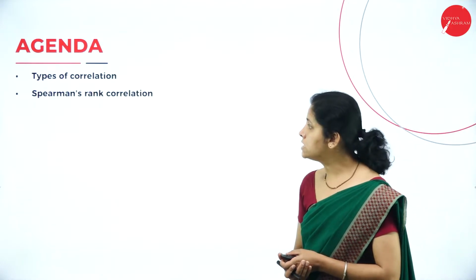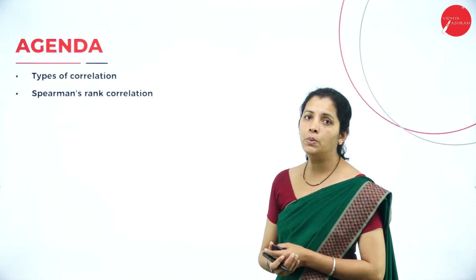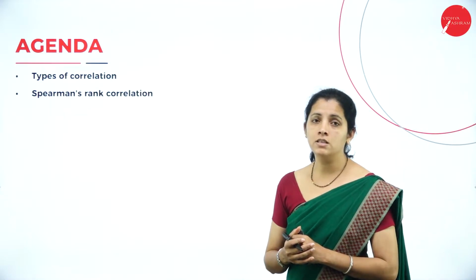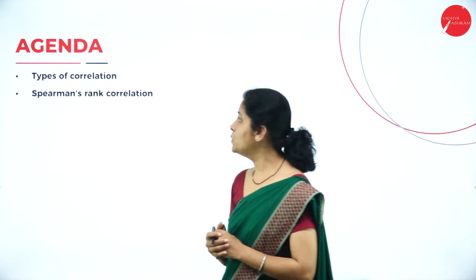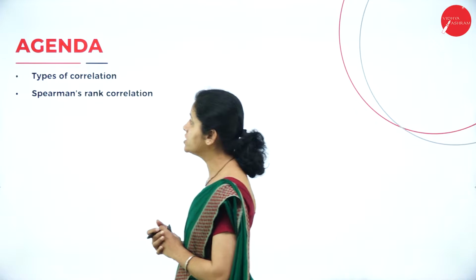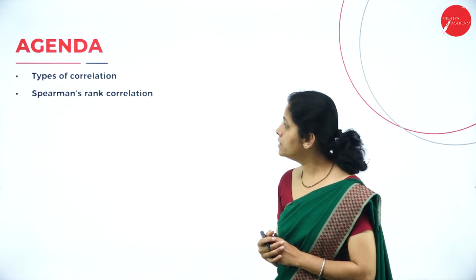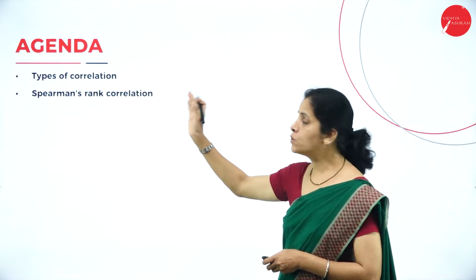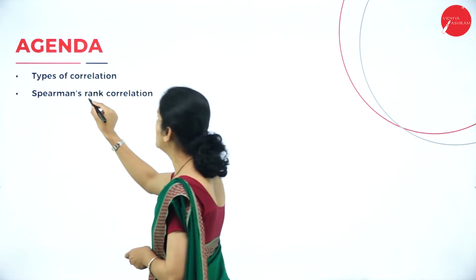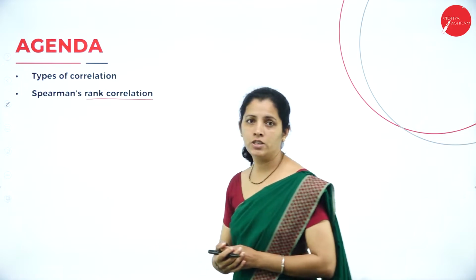But in today's session, I'm going to deal with another chapter called correlation. In that, I'm going to deal with types of correlation, and Spearman's rank correlation, or rank correlation, as you're going to get questions on it.